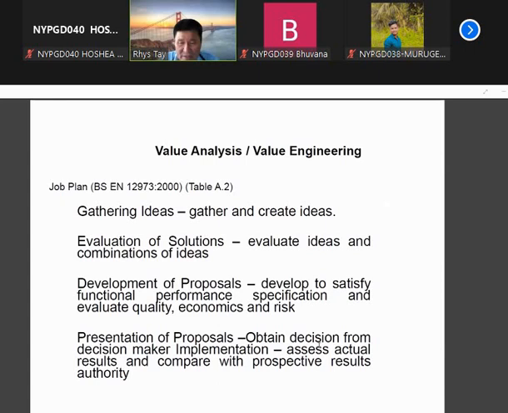Presentation of proposal: obtain decision from the decision maker. Implement, assess actual result, and compare with prospective result.